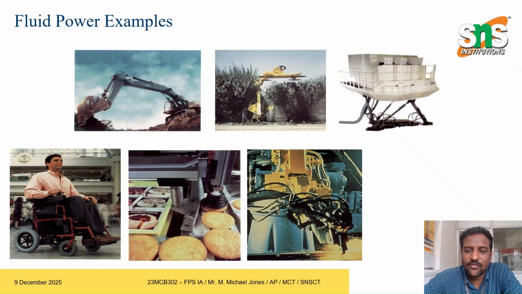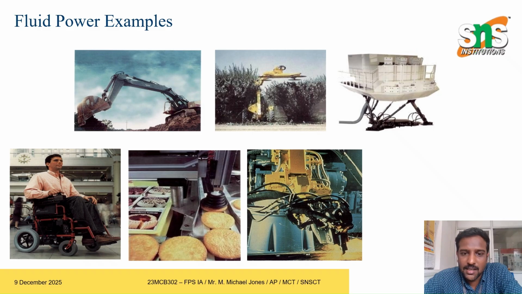First, to start with, I'm giving you some examples and certain guidelines. These are day-to-day applications that we experience in our real life. The first image is a JCB, an earth mover.